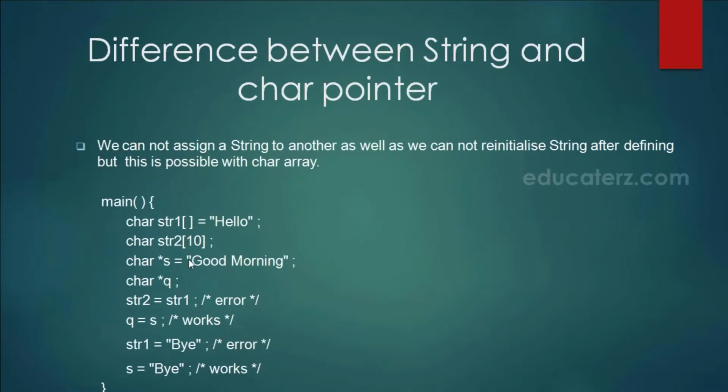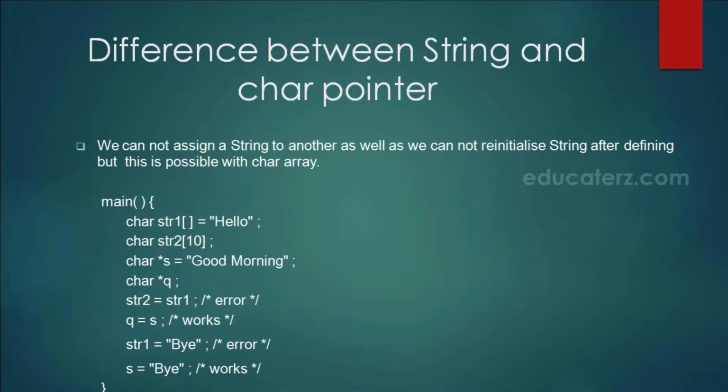But if we go for a character pointer, we can achieve it. Like we have str1 as hello and character *s as good morning. So this s can be stored into q also, but str1 cannot be assigned to str2.